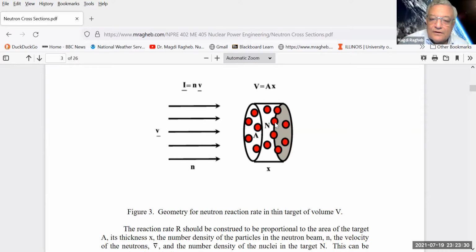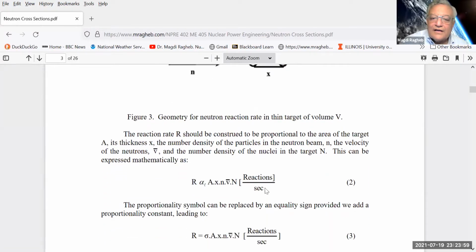And the thought experiment tells us that the higher the N, obviously, the density of the particles in the target, then the higher the reaction rate. The higher the n in the neutron beam, the higher the interaction with the nuclei in the target. The higher the thickness and the volume in general also, and the speed of the neutrons, the higher the interaction in the target. So we can say that the number of reactions between the neutrons and the nuclei in the target, reactions per unit time, or the reaction rate in that case, is proportional to the area of the target.